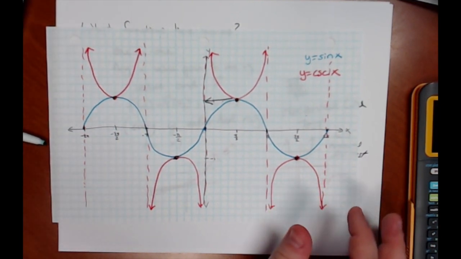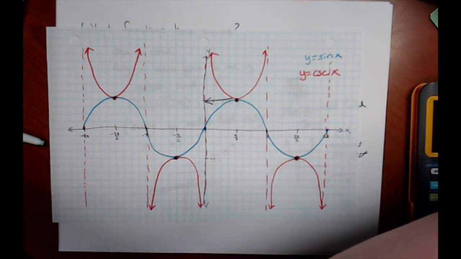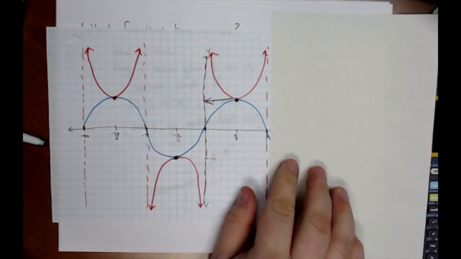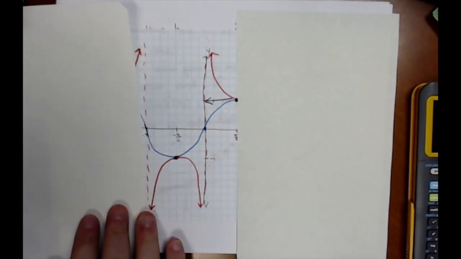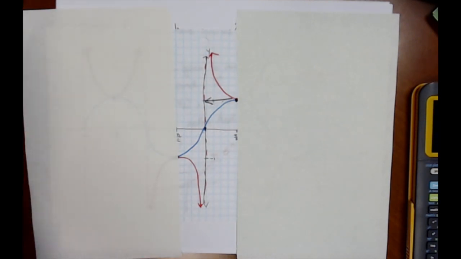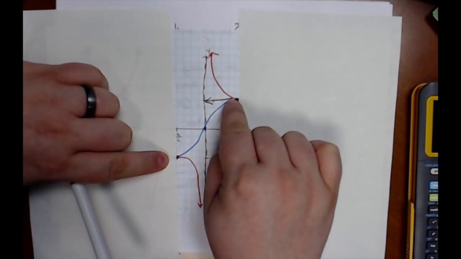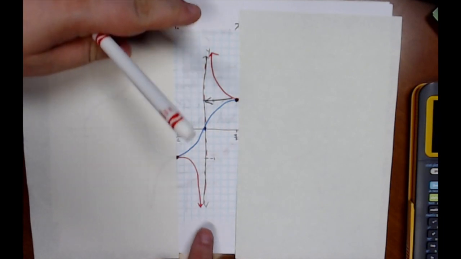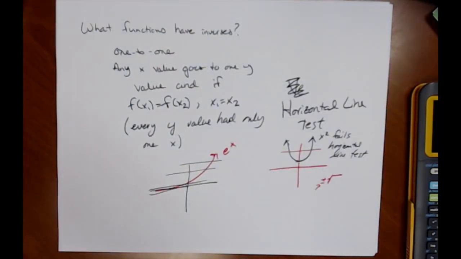And so let me grab 2 pieces of paper. We will restrict our sine function to being between plus or minus pi over 2. Because if I only look at this section here, it passes the horizontal line test. And so let me move that and we'll talk about that.